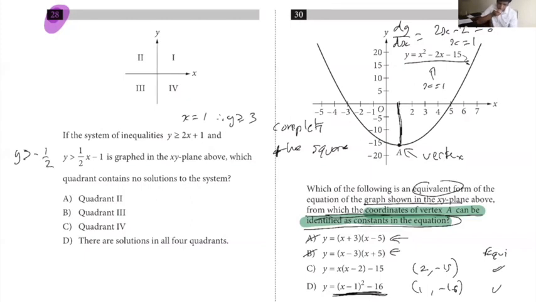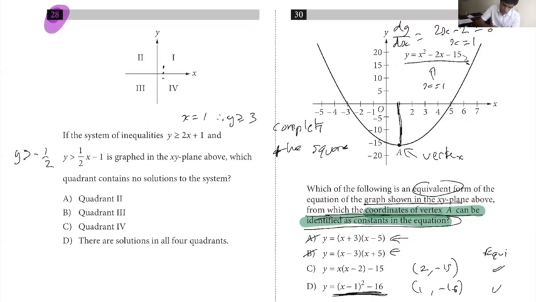So then it would probably go in the fourth quadrant. So you could cross out C from that. I see. Okay, it's close, but you're doing this at the point of x equals 1, right? So you get a point over here and you get a point over here.